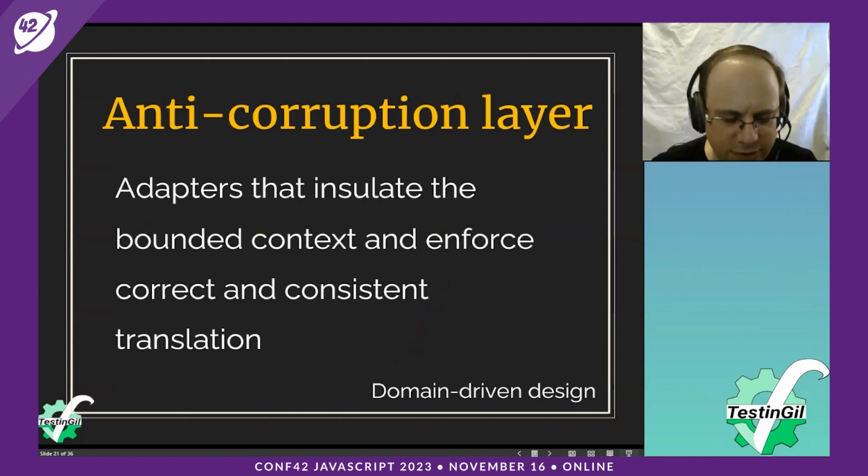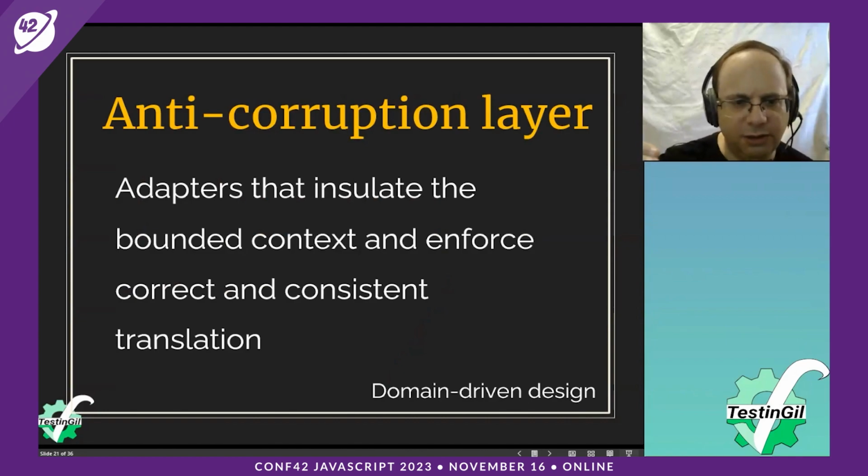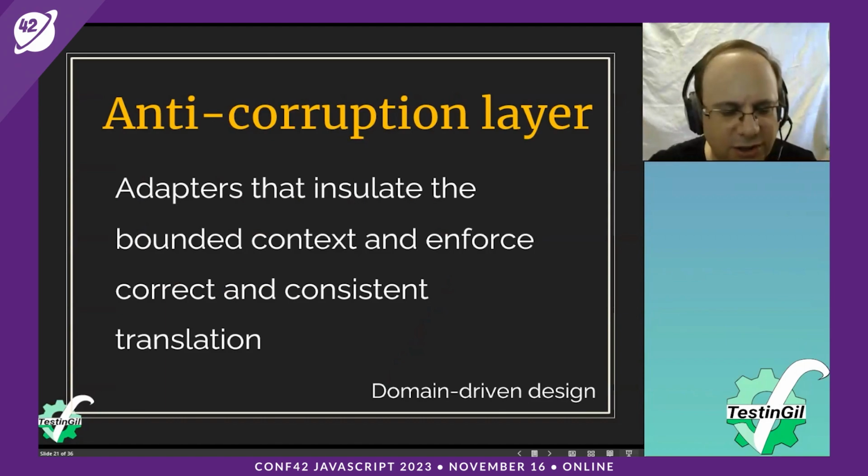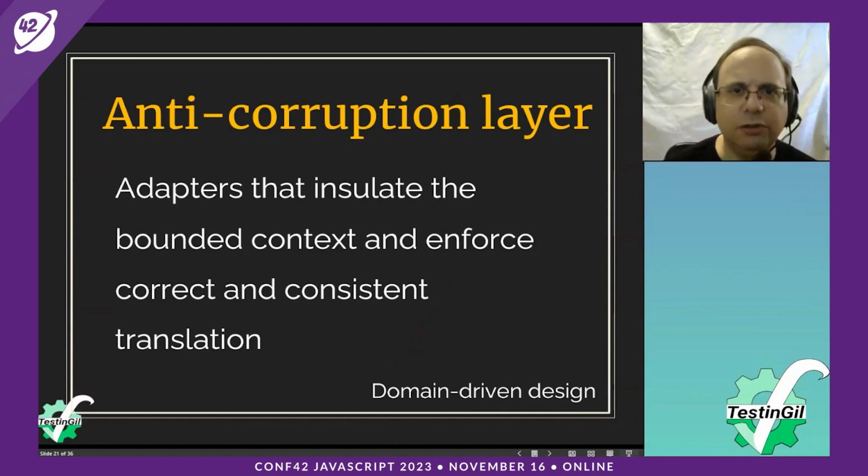The first thing I'm going to do is, if you recall, and I'll show you that in a minute, the route TS file not only got information and talked to the meeting objects, it also contained logic about the validation. And another idea from domain-driven design is anti-corruption layer.